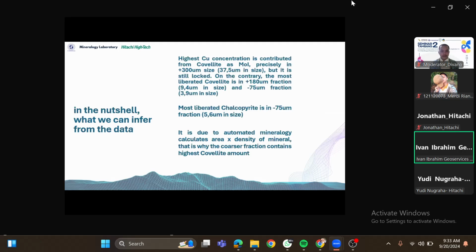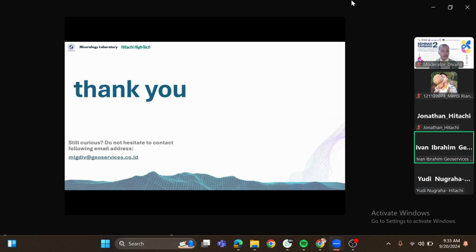Jadi bukan mereka yang membuat keputusan, bukan sistem yang membuat keputusan. Mereka sebagai tools yang sangat powerful untuk memberikan kita keputusan dari berbagai dataset tadi. Oke, next. So that's all. Mungkin kalau ada yang mau bertanya, itu bisa di email atau on the next Q&A session.